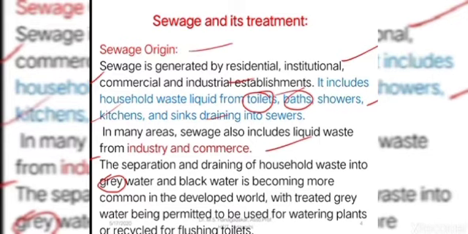If the wastewater is produced from industries, that is called black water. So the water may be grey water produced from household waste, or black water from industry, which may contain a variety of chemicals etc. These waters need to be treated. After the treatment, that water can be used for toilet flushing, or for gardening, for watering the plants.